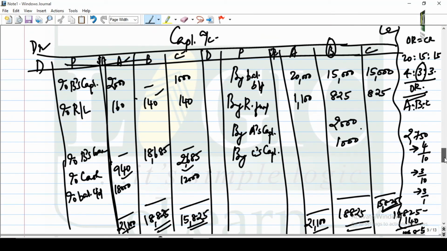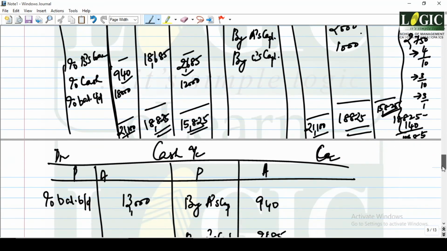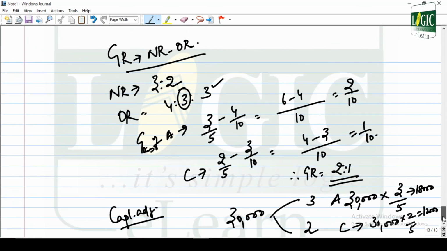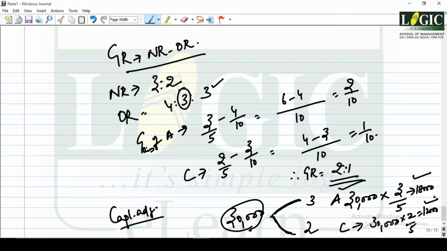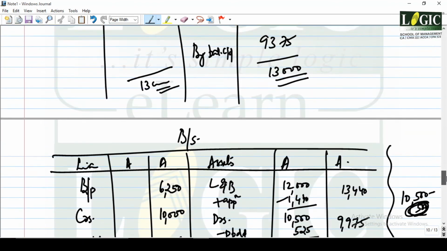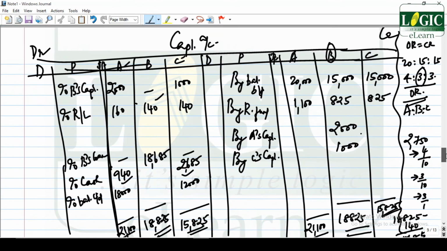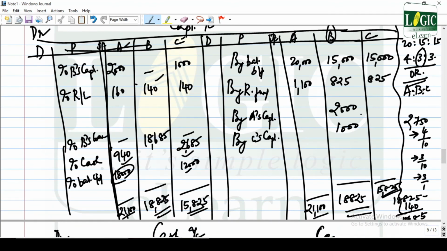So the new area in this lesson we learnt is regarding capital adjustment. 30,000 was fixed. That's the new capital of the new firm after reconstitution, which is to be distributed in 3:2 ratio. So A should have only 18,000 and C should have only 12,000. So we fixed their balance as 18,000 and 12,000. Retiring partner was packed off with whatever he is eligible to enjoy.